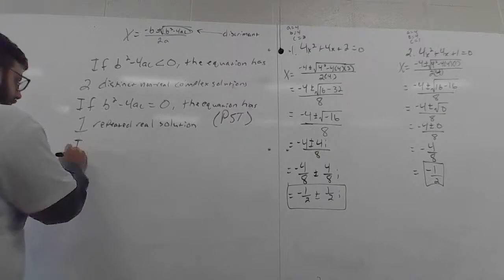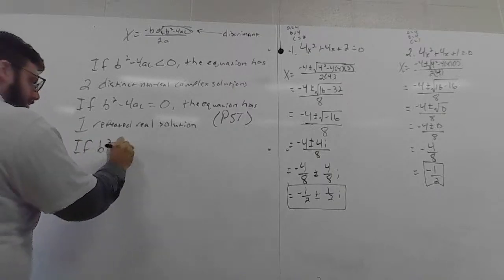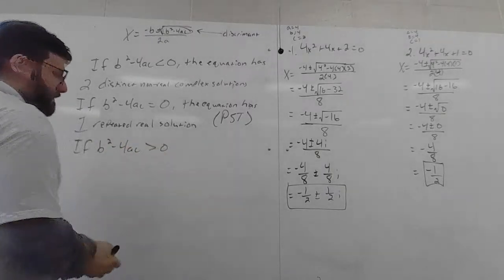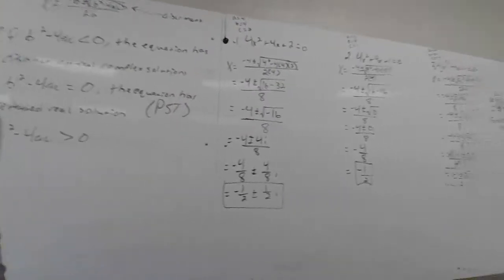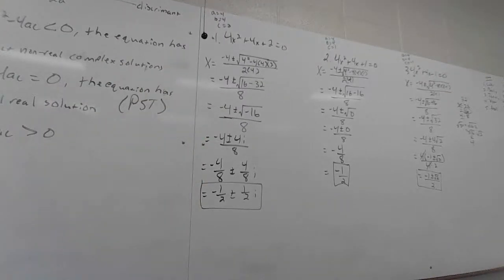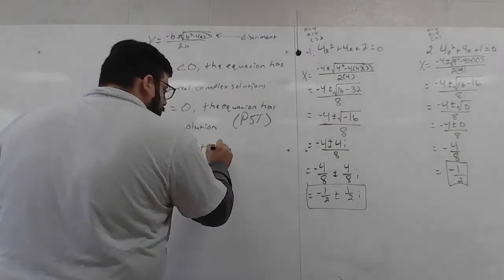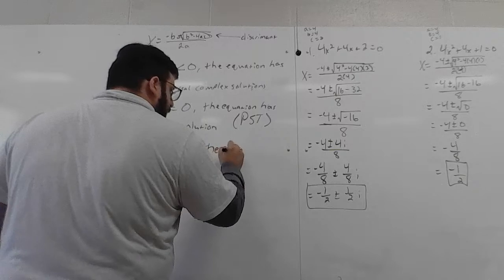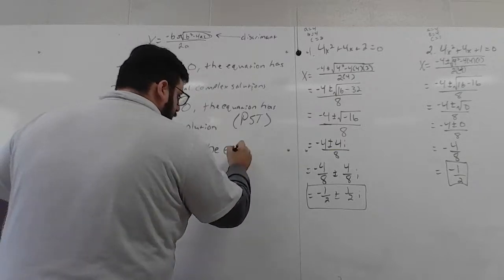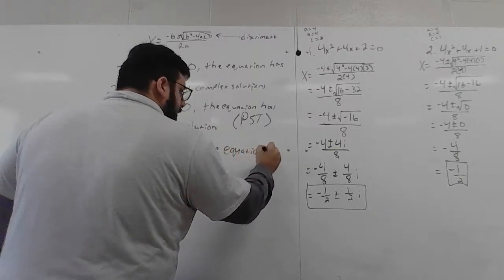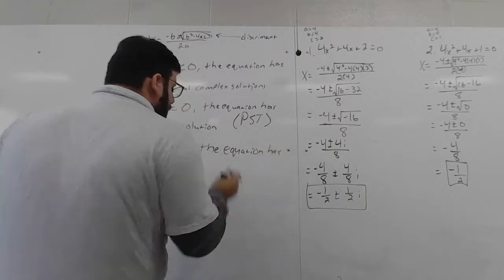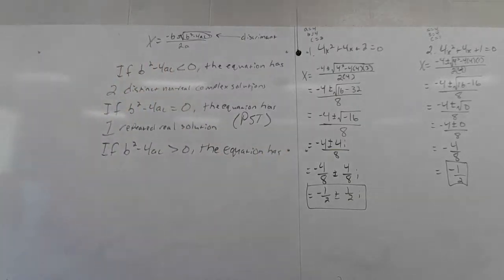Last case, if your discriminant is positive, kind of like what we saw in that last example over there. Your solutions are going to be very similar to the first case, the difference being that your solutions are not going to be non-real.